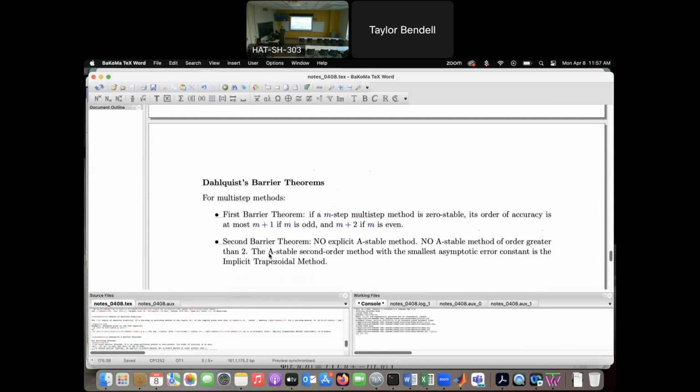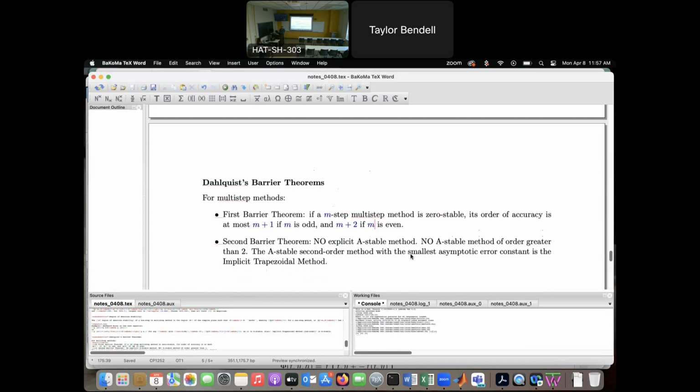There are other second order methods that are A-stable, but the one with the smallest asymptotic error constant, the constant multiplying h squared, is the implicit trapezoidal method. Because your error formula for the trapezoidal method would have a y triple prime at an unknown point times h squared times some scaling constant.